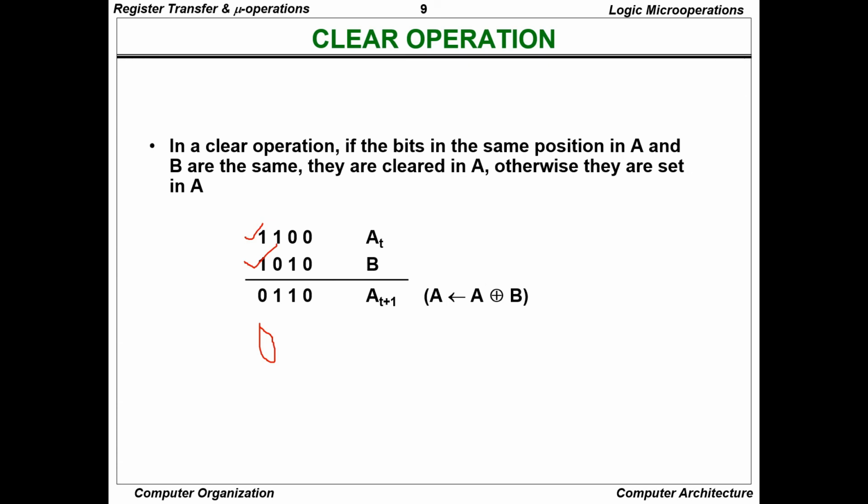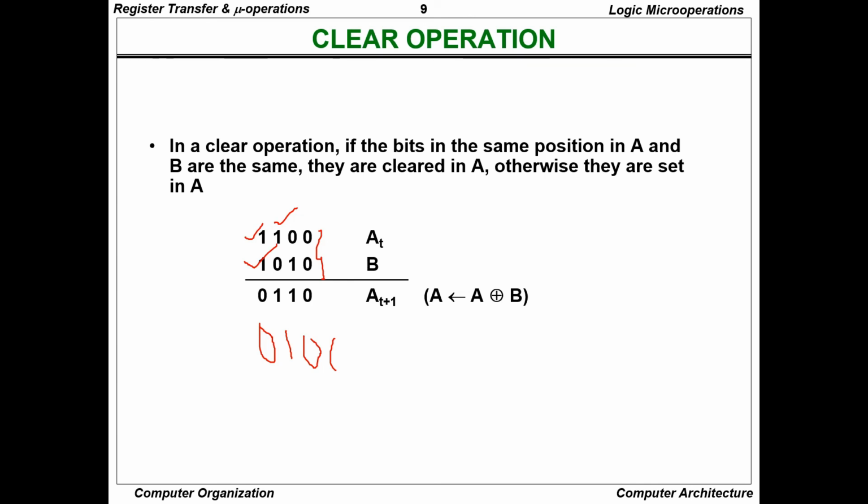So directly write the value present in A, that is 1. And these two are different again, 0 and 1 are different. Okay. So write the value present in A, that is 0. And now these two are same, 0 0 are same, right? So now write the value present in A. We have 0, right? So 0 1 1 0.